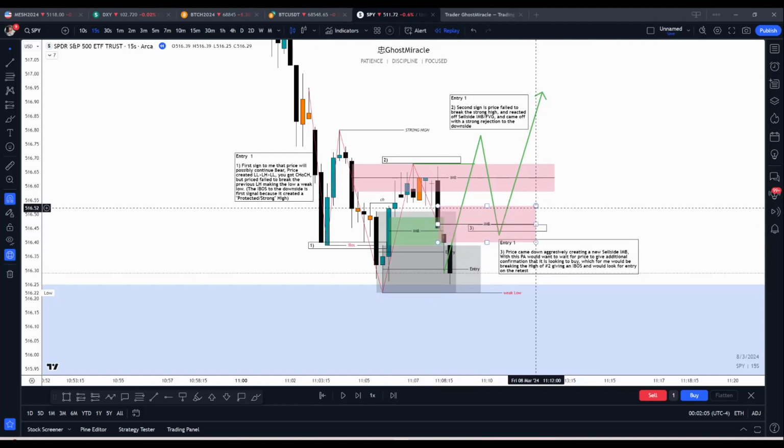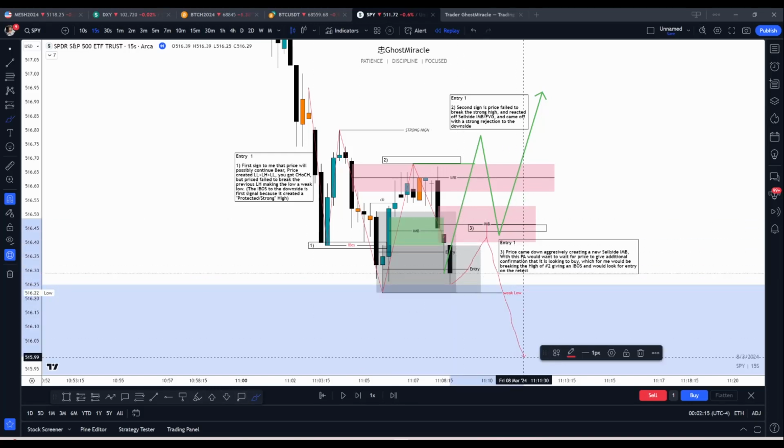Price created another sell side imbalance, which I would be looking for price to either come back into something like this, come back into and then reject. Or if price wanted to continue bullish, it would break through this imbalance, break this high, give you another internal breaker structure, come back and retest using this sell side imbalance.